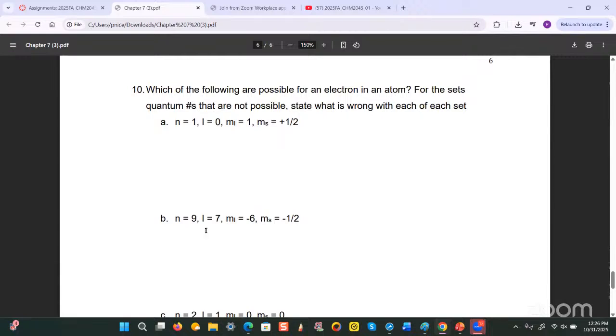Right, yeah. And it said which are possible, but in the book, 2 times n squared is the maximum number of electrons. Yeah, we're not talking about the maximum number of electrons. What we're talking about is if an electron has these numbers, is it possible? Okay, all right, I see it. So in that case, it would be possible based on the rules that we learned earlier.